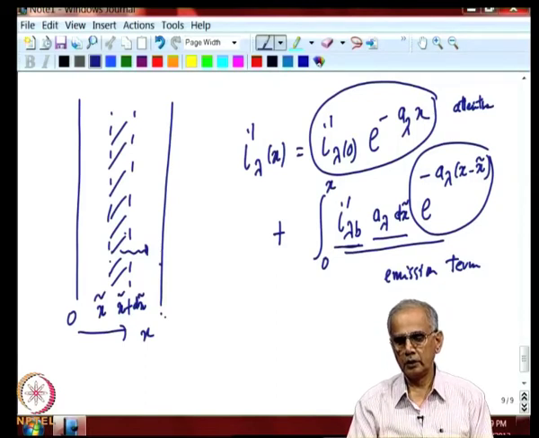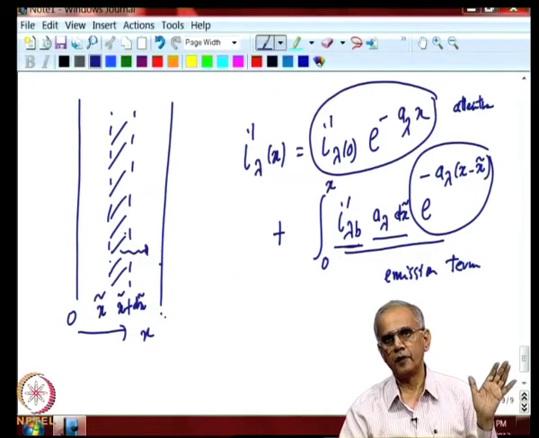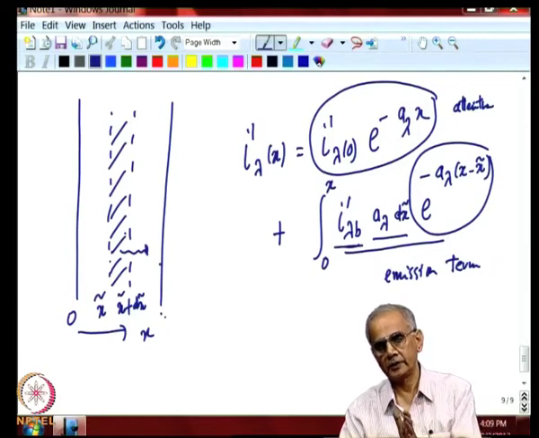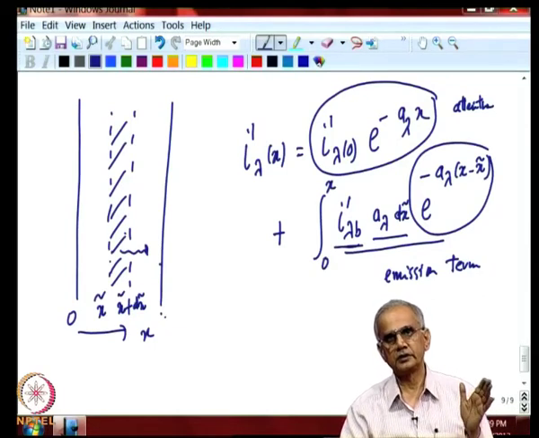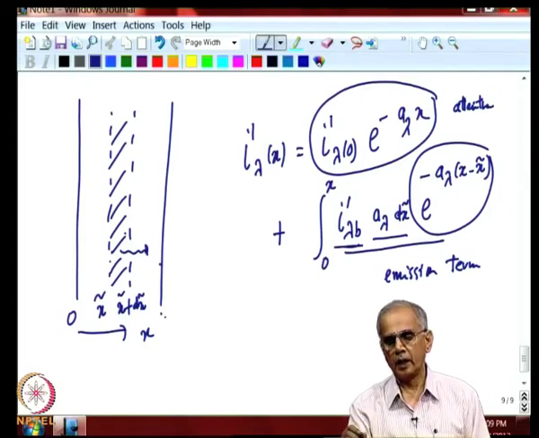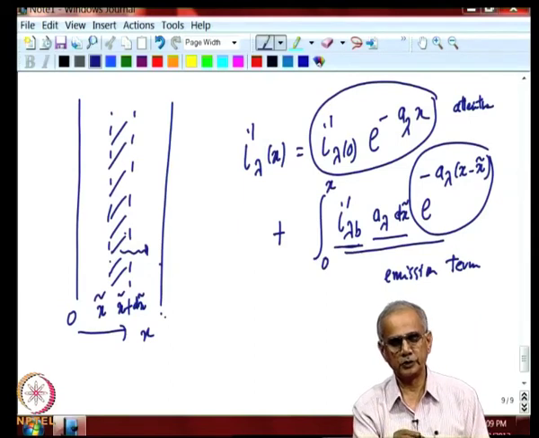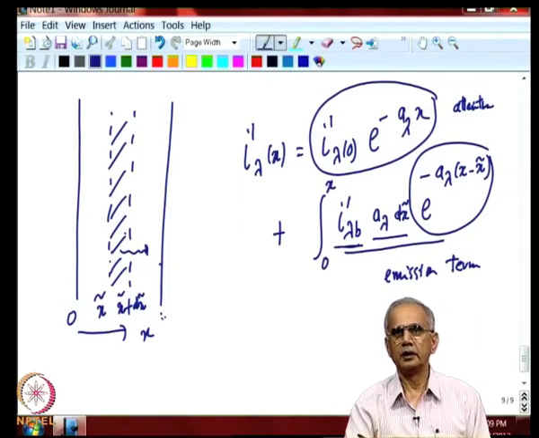So, we are able to express the intensity at location x in terms of what started from surface 0 after attenuation through the gas and arrived at x. The next one is the summation of all emissions from all layers between 0 and x and their attenuation depending on the location of the gas layer with reference to this plane x.